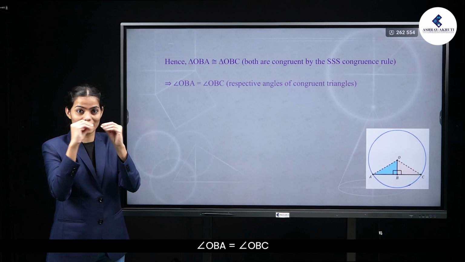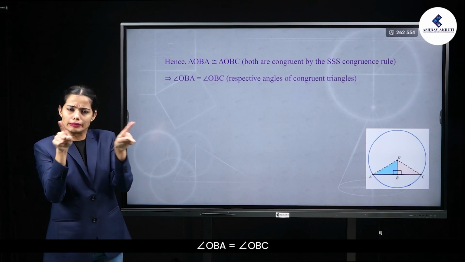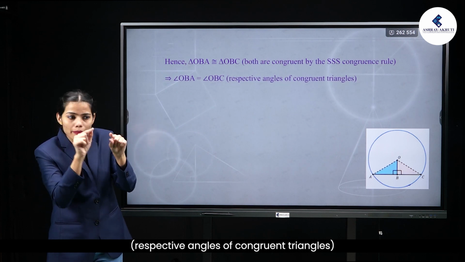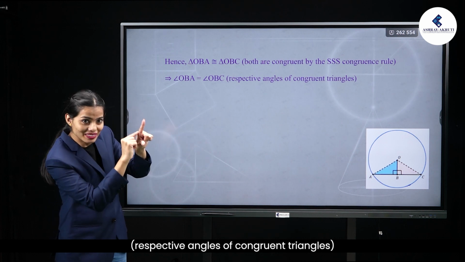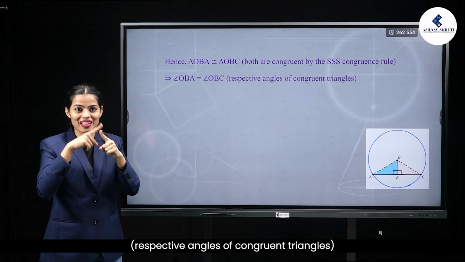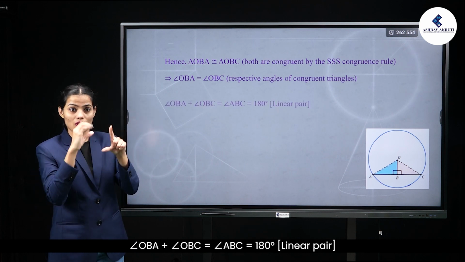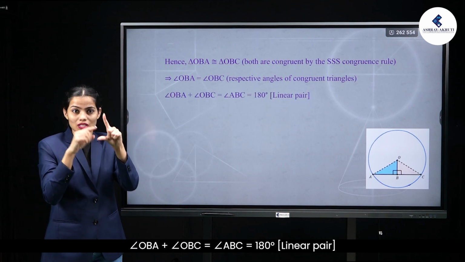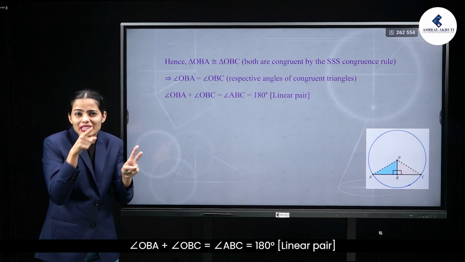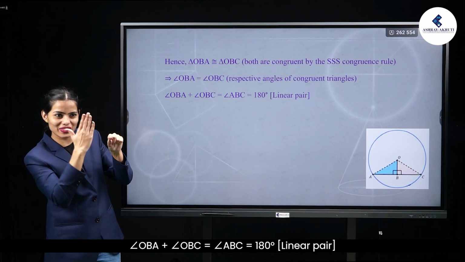Angle OBA is equal to angle OBC, corresponding angles of congruent triangles. Angle OBA plus angle OBC is equal to angle ABC, which is 180 degrees, linear pair.